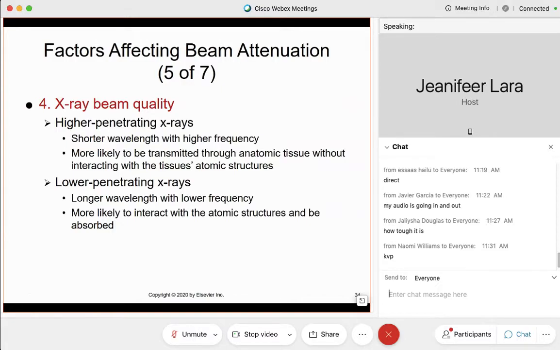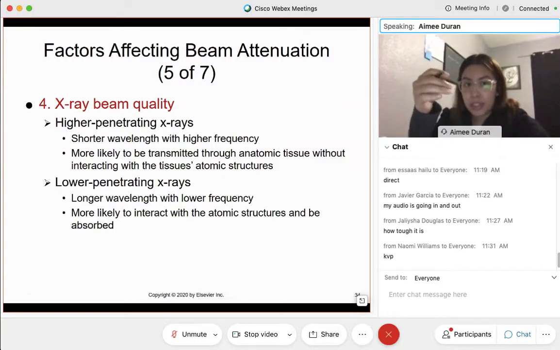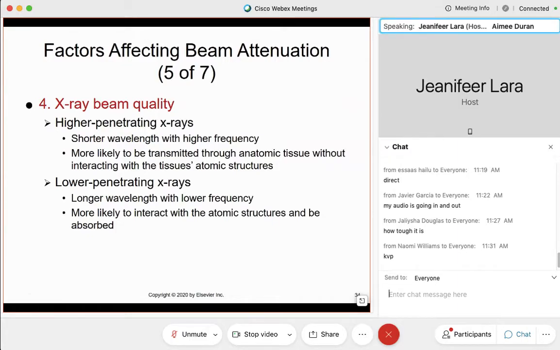Miss Laura, for X-ray beam quality, you said that shorter wavelength means that it's higher penetrating, so it gives us more transmission, right? So for the longer wavelength, that's for the lower penetrating. So you said it's likelier for beam attenuation? Yes. What is beam attenuation?